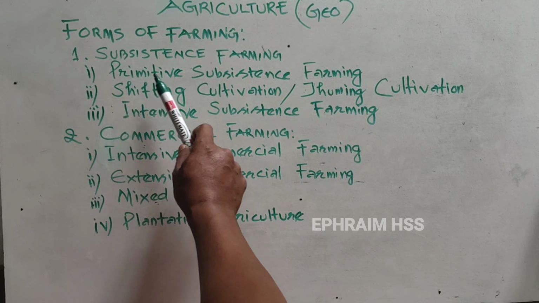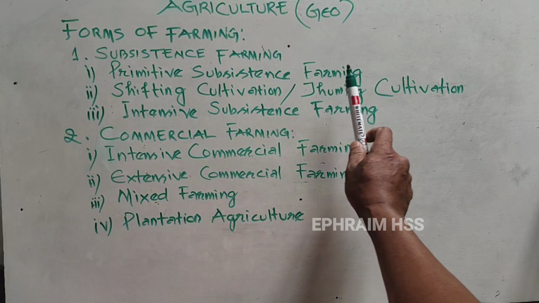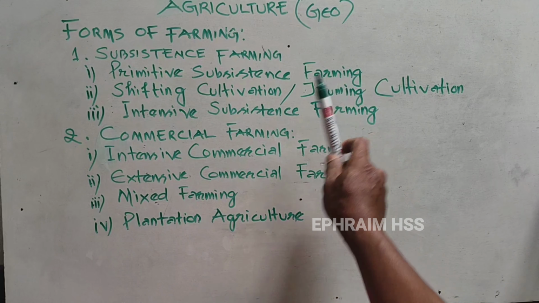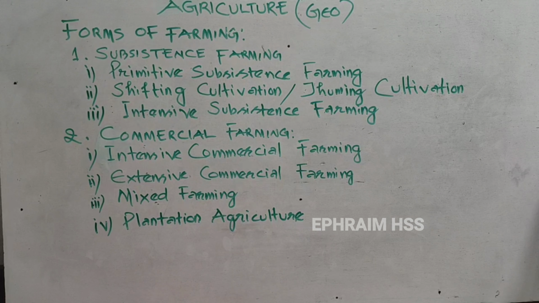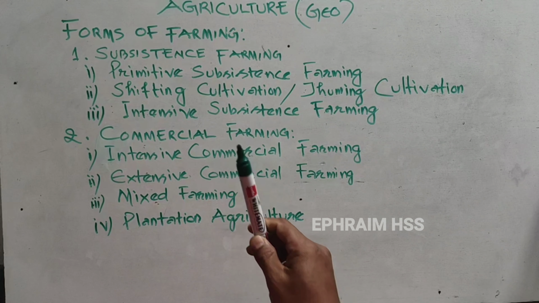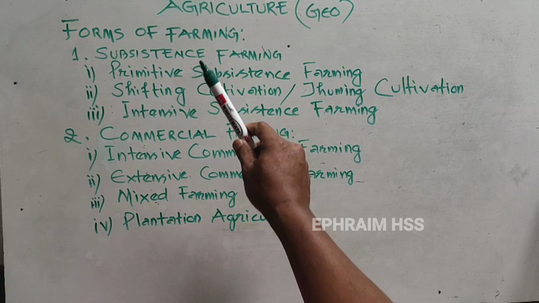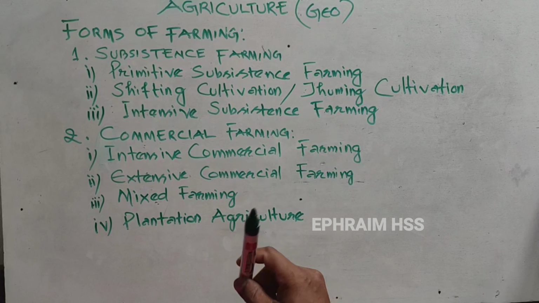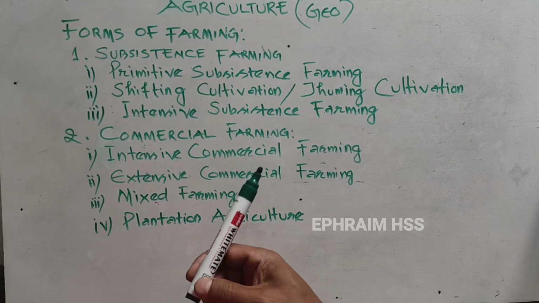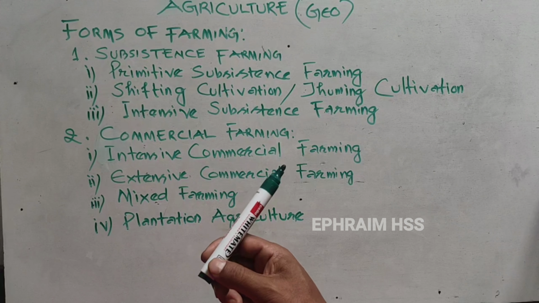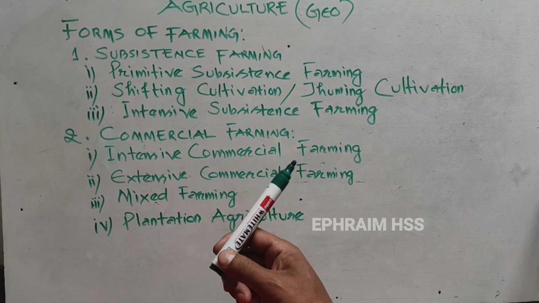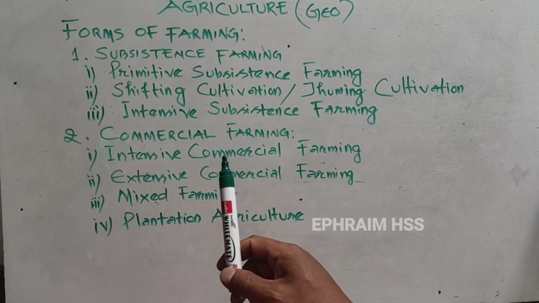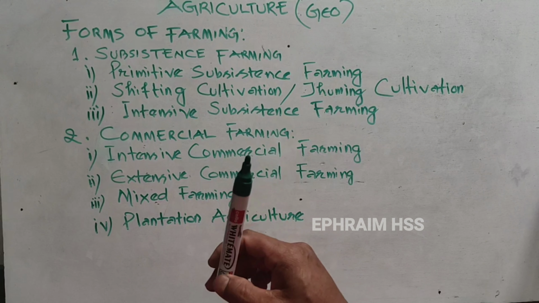Now, what is primitive subsistence farming? In these types of farming, the size of the farm is very small, and the farmer along with his family works in a farm using primitive or old hand tools such as sickle or hoe, that is bone to claw in Mizo.